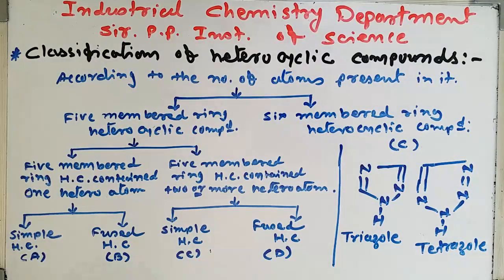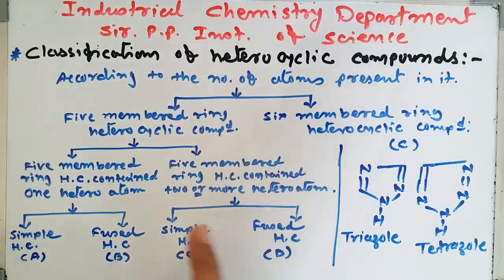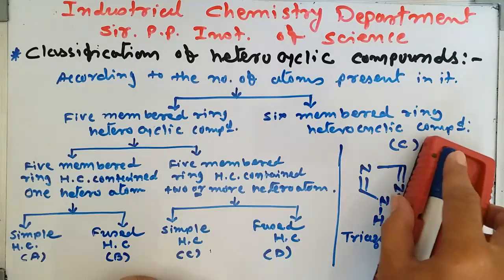So triazole, tetrazole and the previous compounds pyrazole, imidazole, thiazole, oxazole, these all are simple 5-member ring heterocyclic compounds containing two or more heteroatoms.